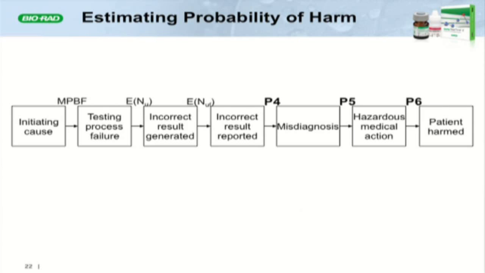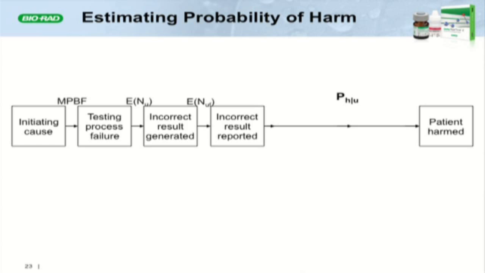So P4, P5, P6, again, EP23 says that we need to be concerned about that and gives some guidance about the kinds of data you would use to try to get an estimate of it. But we're going to drop all that out and we're just going to replace it with flu here, okay?